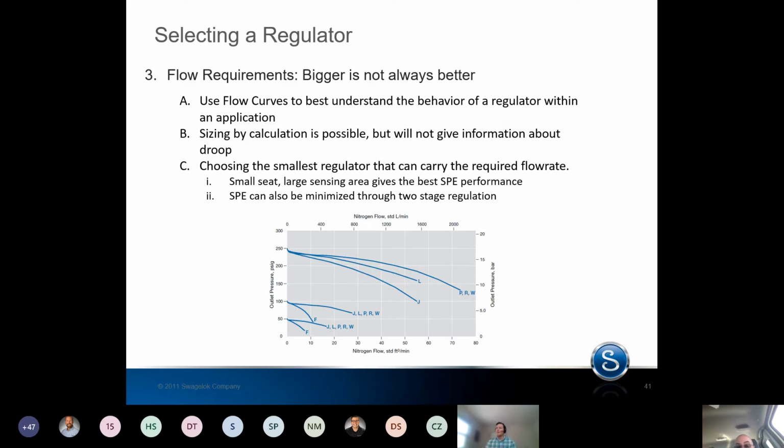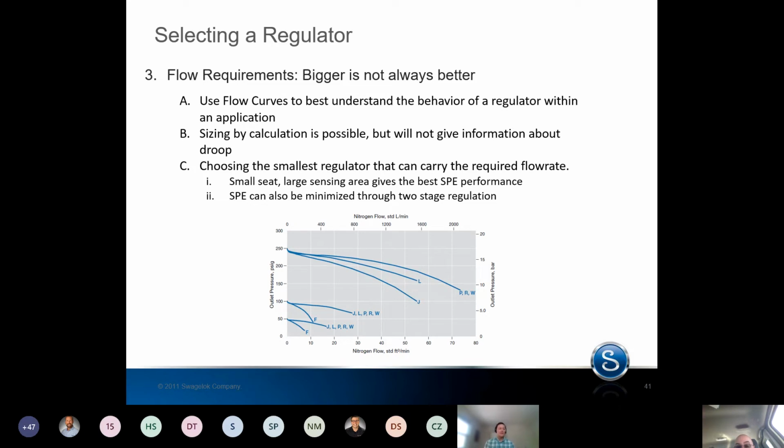So again, when you select flow requirements, the temptation can be, well, if I need a certain size regulator, let's just get the next bigger one, right? Because that'll give us some extra runway if we need more flow. But what you will see is that ratio of the seat area to the sensing area could be thrown off, and you might get higher than expected SPE, right?